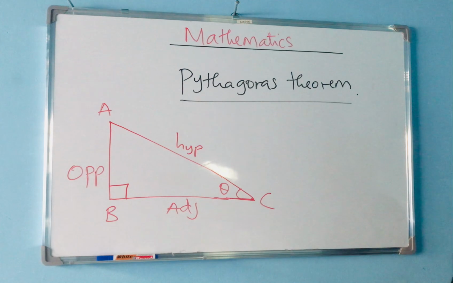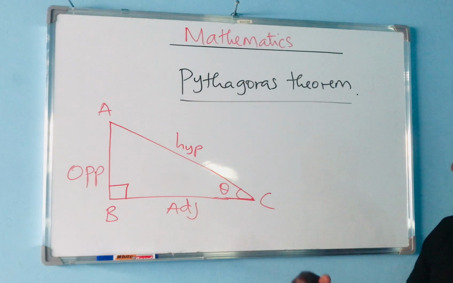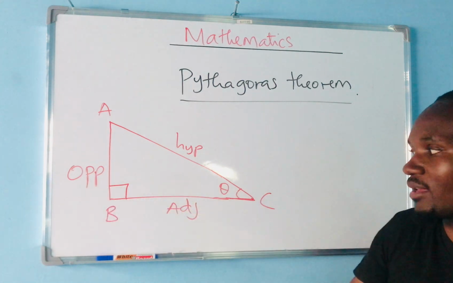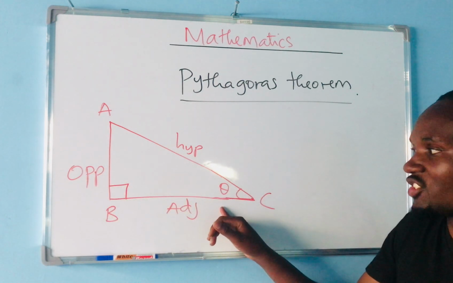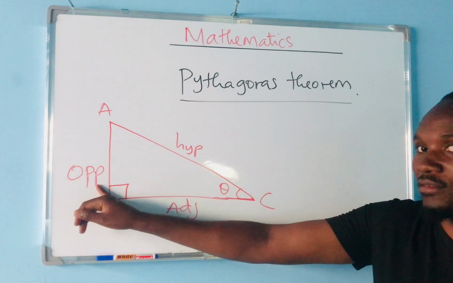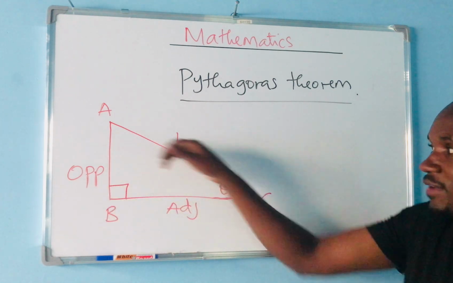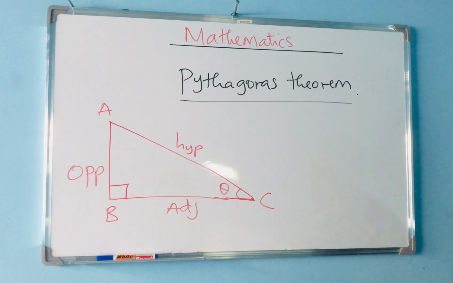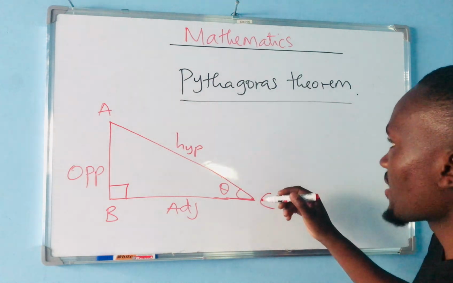So let's take, for instance, you are given the adjacent and the opposite in terms of centimeters. You're given the length of the adjacent, and you're also given the length of the opposite. How do you find the hypotenuse? This longer side here. The formula would be using Pythagoras theorem.